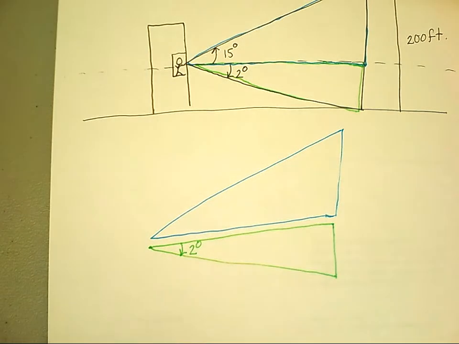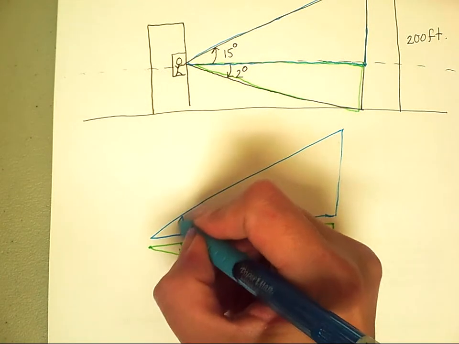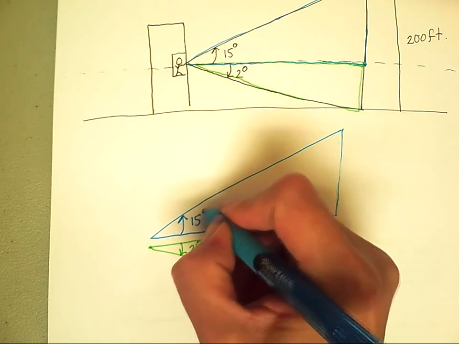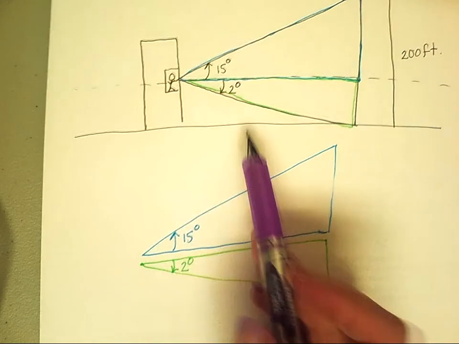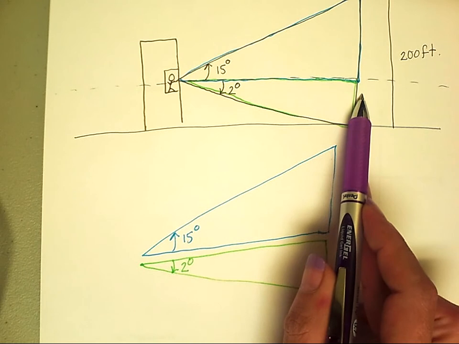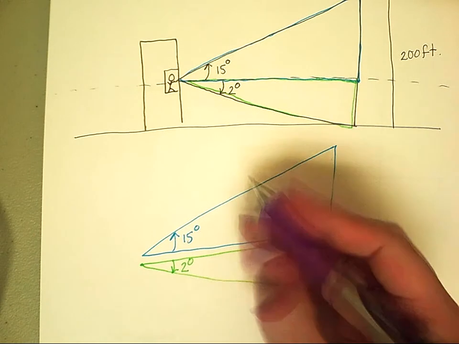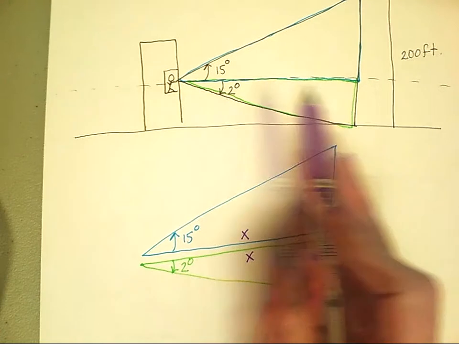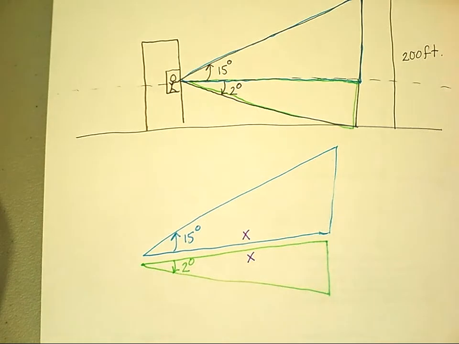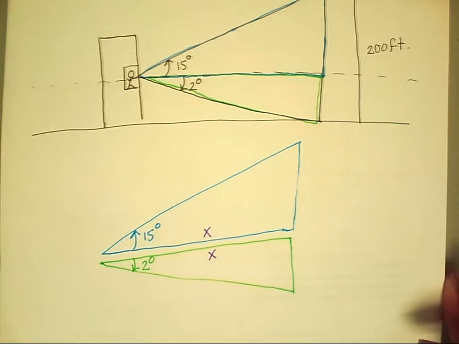So the angle of depression here is 2 degrees. The angle of elevation here is 15 degrees. We're looking for the distance and how far apart these are. That is unknown, but it has to be the same in both triangles. This line represents the same in here.